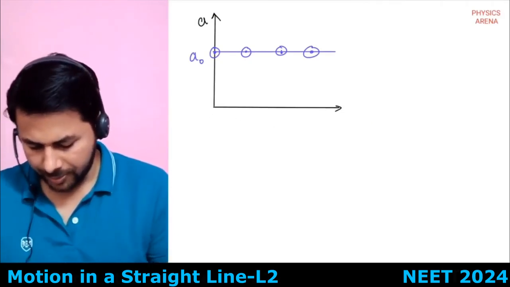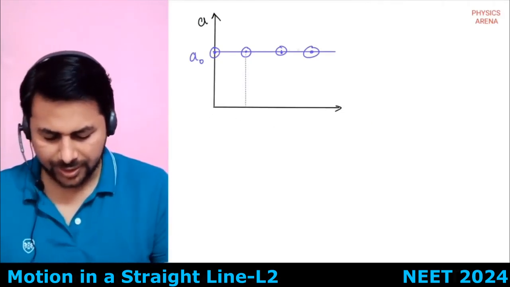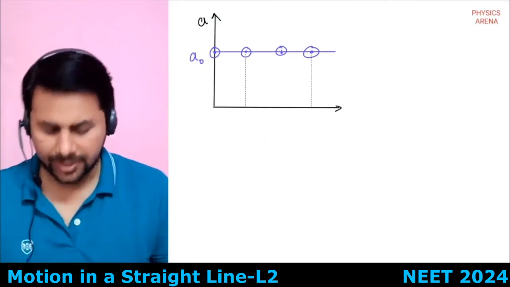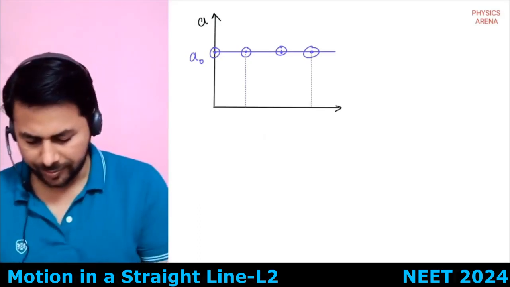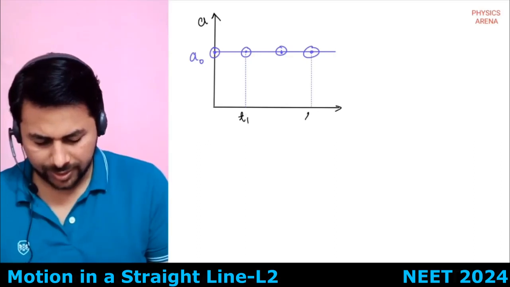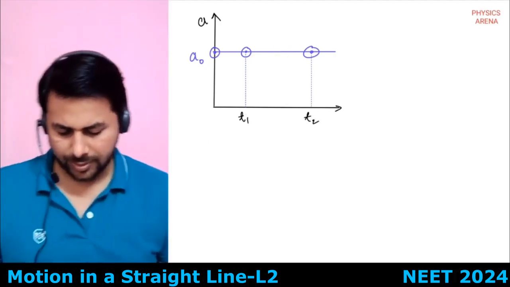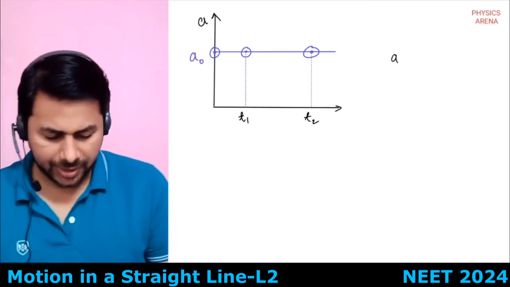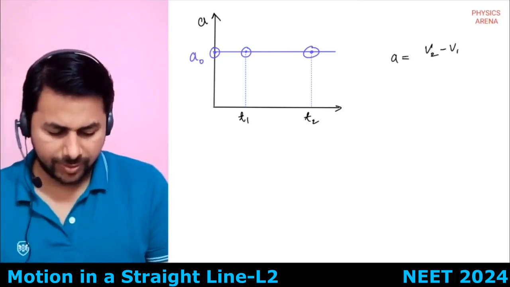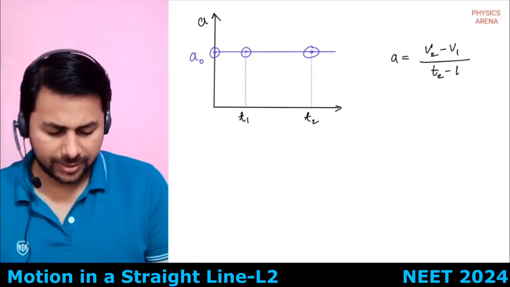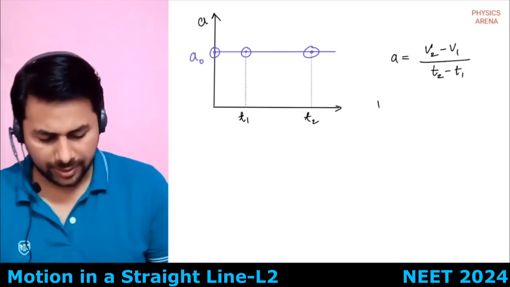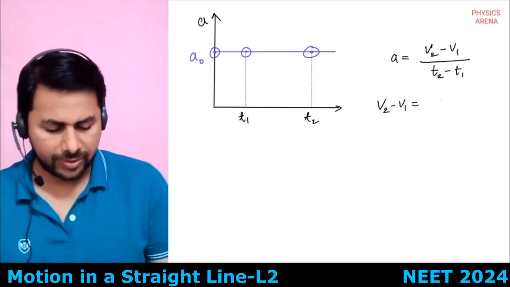Let's suppose this is acceleration at t1, this is acceleration at some time t2. So we know acceleration is v2 minus v1 divided by t2 minus t1, and therefore v2 minus v1 is equal to what?